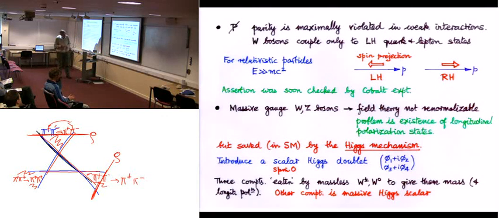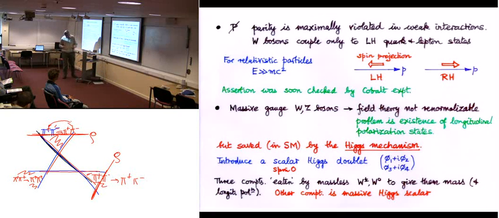The other thing, which is really puzzling, is that parity is maximally violated in weak interactions. W bosons only couple to left-handed quarks or leptons, or right-handed anti-quarks and anti-leptons. You've actually destroyed symmetry completely, the left-right symmetry. You couldn't do it more than just having left-handed.